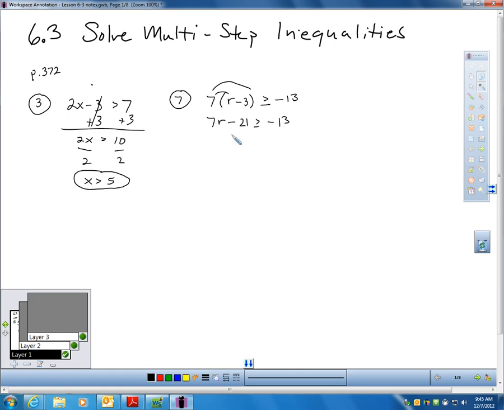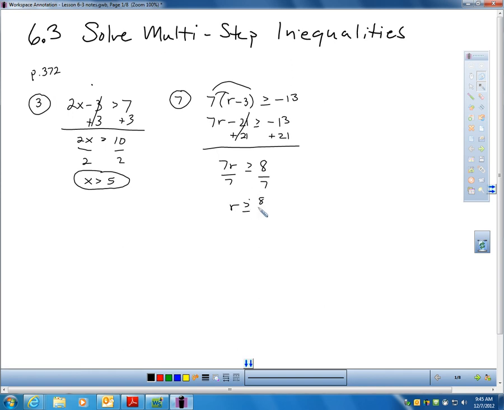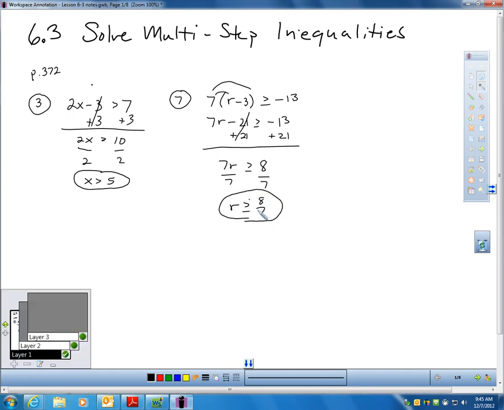I've got to get rid of minus 21, so I'll add it to each side. So I have 7r greater than or equal to positive 8, and I'll divide each side by 7, and I'm finding r is greater than or equal to 8 sevenths. 8 sevenths. Let me write that down better.